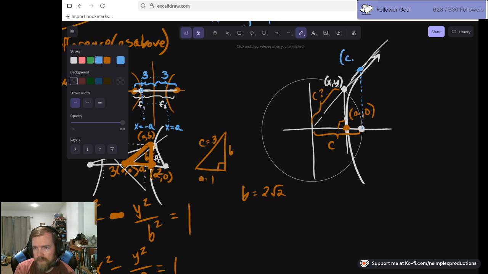This point is c comma, we don't know what that is yet, but we can figure that one out probably pretty easily because we know what the slope of that line is going to be, at least allegedly.